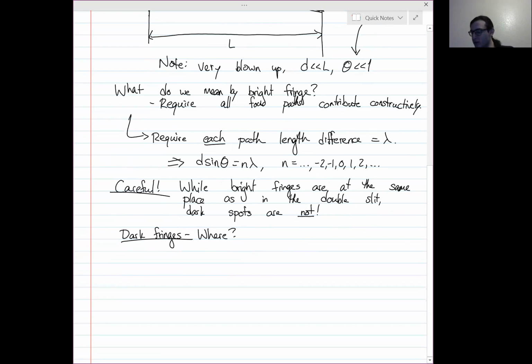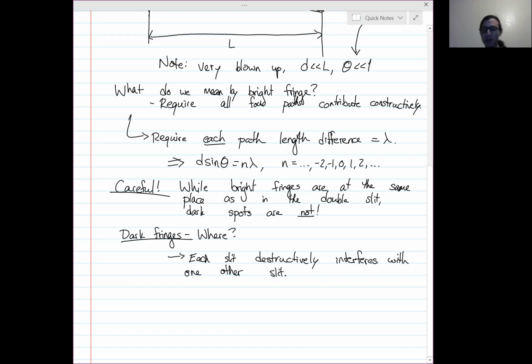Right, so dark fringes. We could have some complicated arrangements, but because we have 4 slits, we can break this down into a simpler case. If we just require that each slit destructively interferes with one other slit, then that would be sufficient, right?